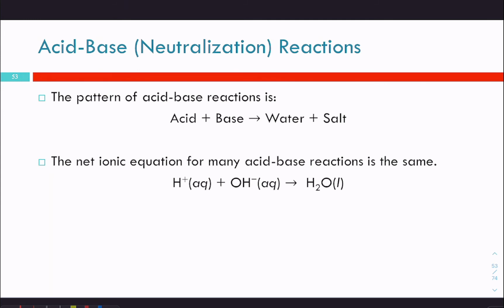Net ionic equation, like I said, is H plus OH minus gives you water. So you always have some acid, some base, water, and then a salt afterwards.